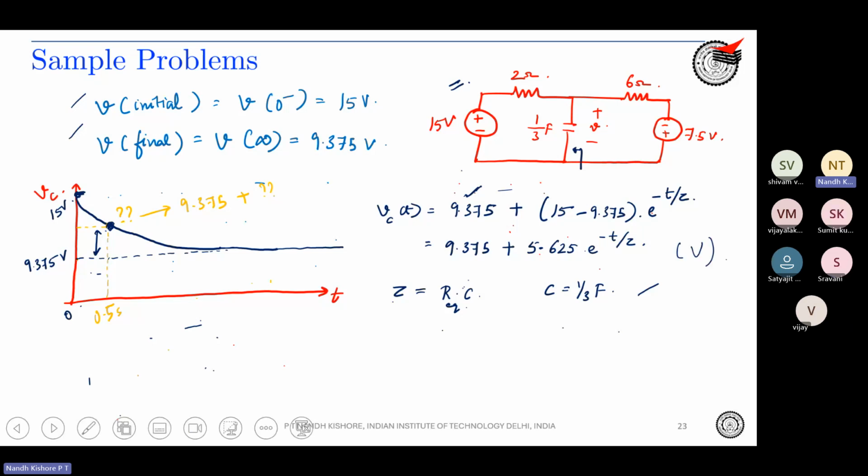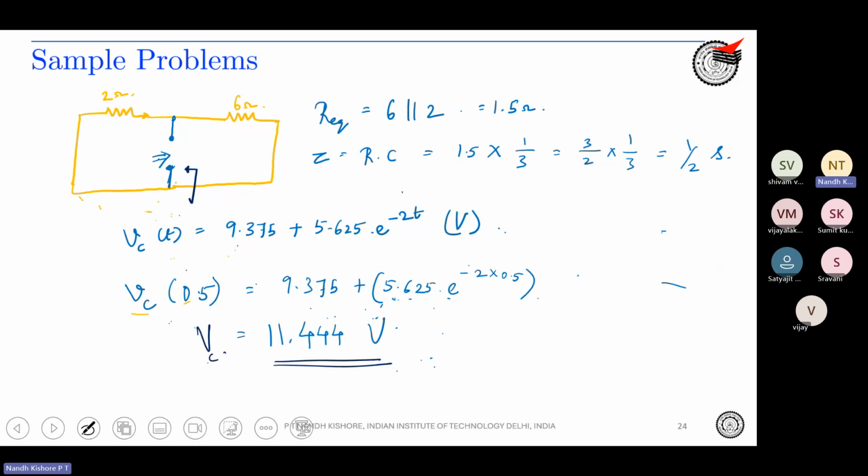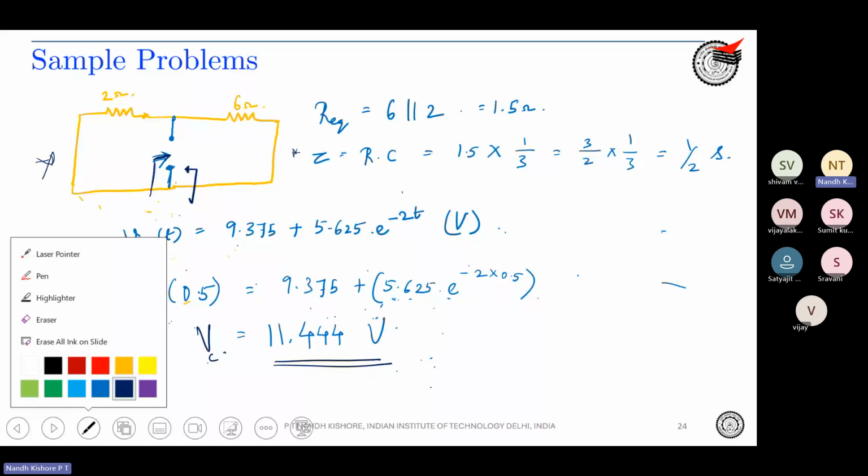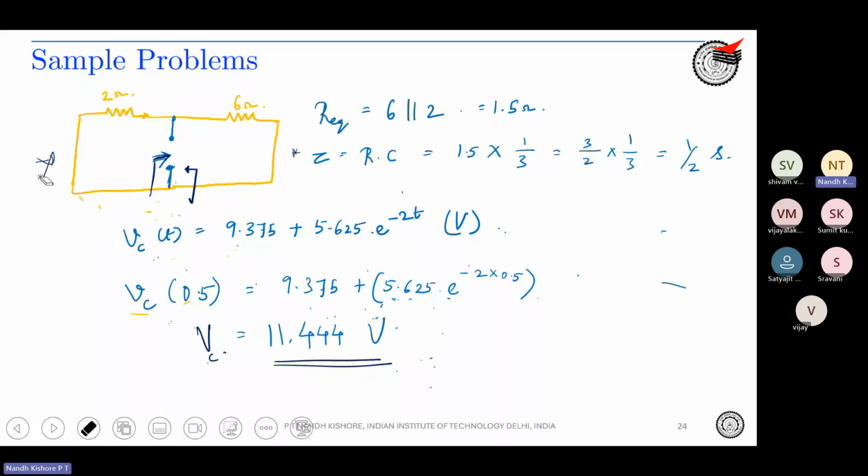Now the point is, what about tau? For tau, you should look from the perspective of where the capacitor is. Don't look from here or here. From here you see 6 and 2 are in parallel. Therefore tau is 1 by 2 seconds. And after that you will get the capacitor voltage.